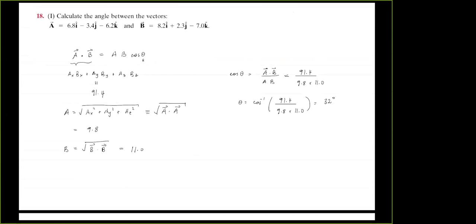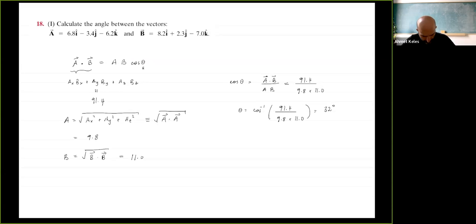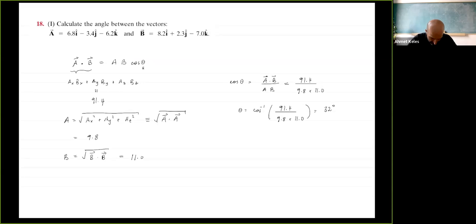Teacher, the sign of the AY multiplied by BY is negative, right? Yes, because this one is minus, this one is plus, so the second one should be negative. I thought it is embedded in the definition of AY.